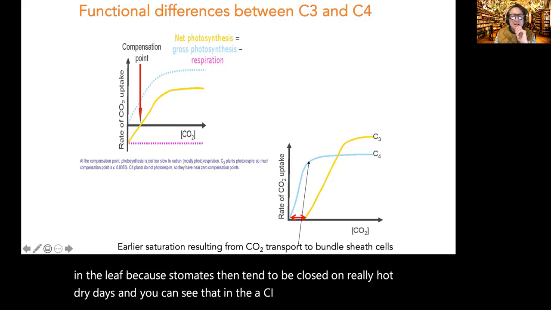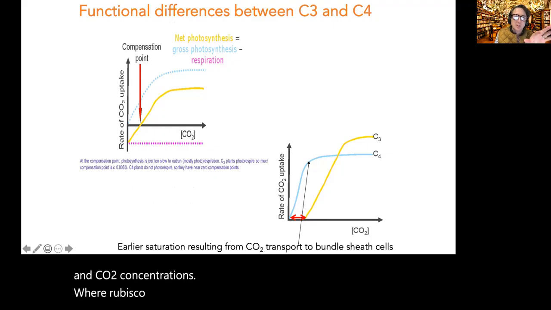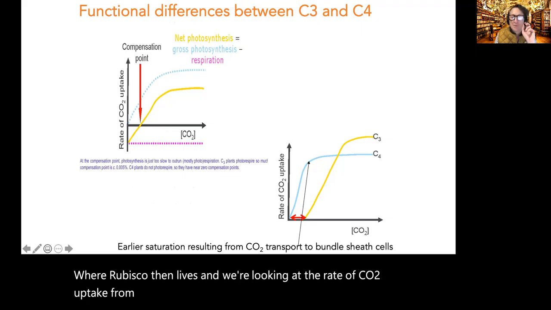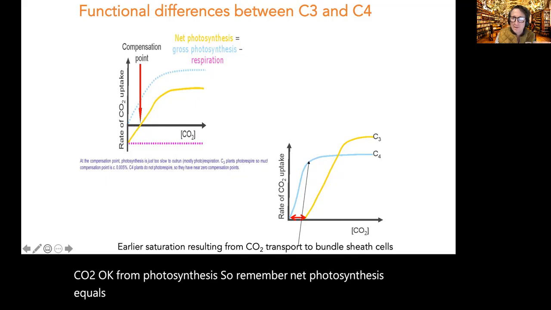So here's the A/Ci curve, where we're plotting increases in CO2 concentration, where Rubisco lives, against the rate of CO2 uptake from photosynthesis. But remember, this is the net rate of CO2 uptake. Net photosynthesis equals gross photosynthesis minus respiration.